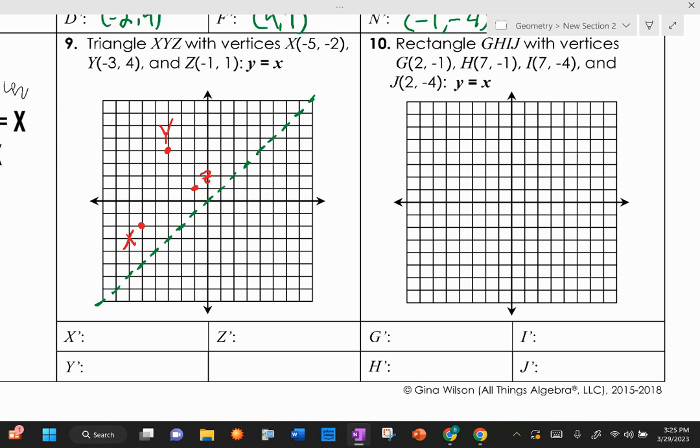Okay? I do want you and your table partner to try and identify how you could most simply flip your points over this line of reflection. Okay, I'll give you about 30 to 45 seconds. Go.